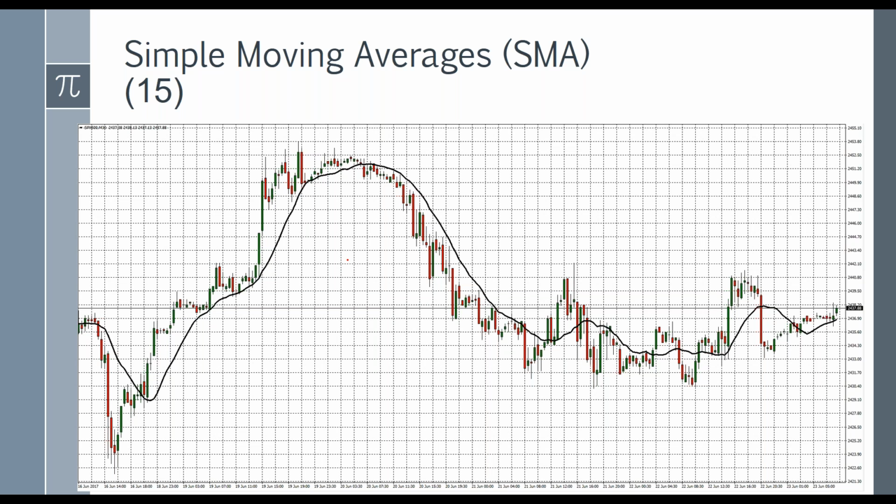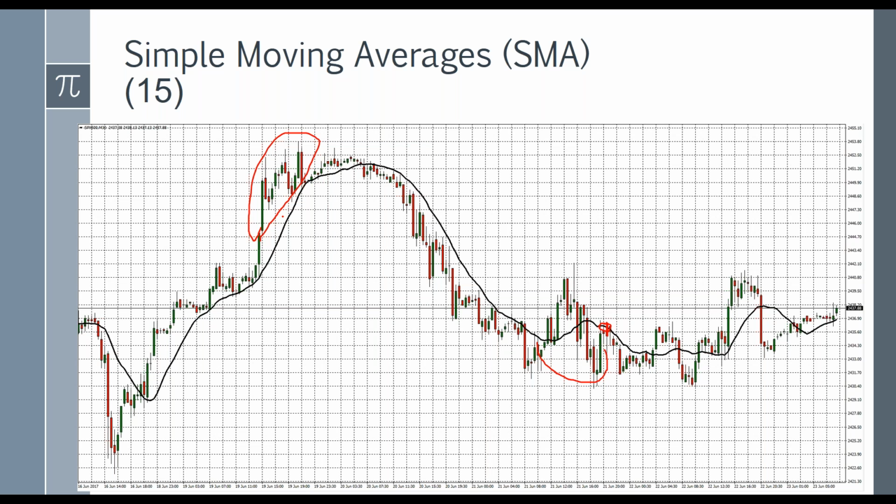For example, that's how we'll understand it. This area over here is the average of all those last 15 candles. The average price is this point over here. Now, because it's a simple moving average, the weight of every candle is the same. So when we have a bullish market like over here, we can see that the difference between the line, the SMA, and the market is quite big.